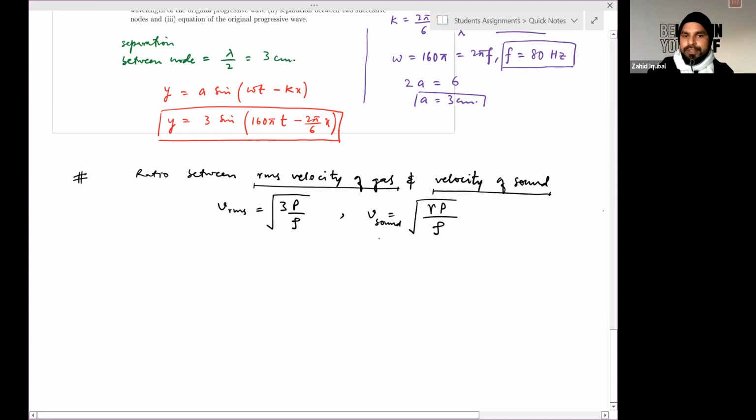So we have to take the ratio of these two velocities. Just divide these two terms. So Vrms divided by the velocity of sound will be root under 3 divided by gamma. The rest of the terms will get cancelled out.